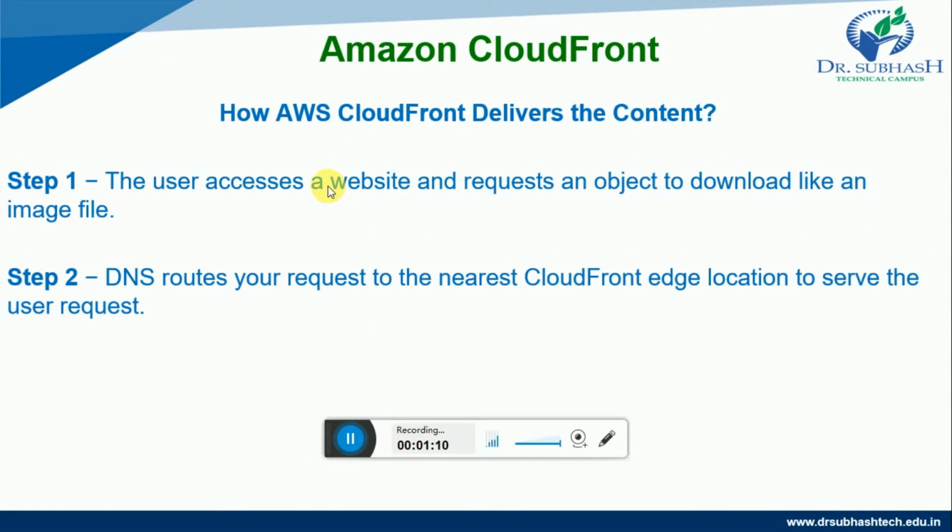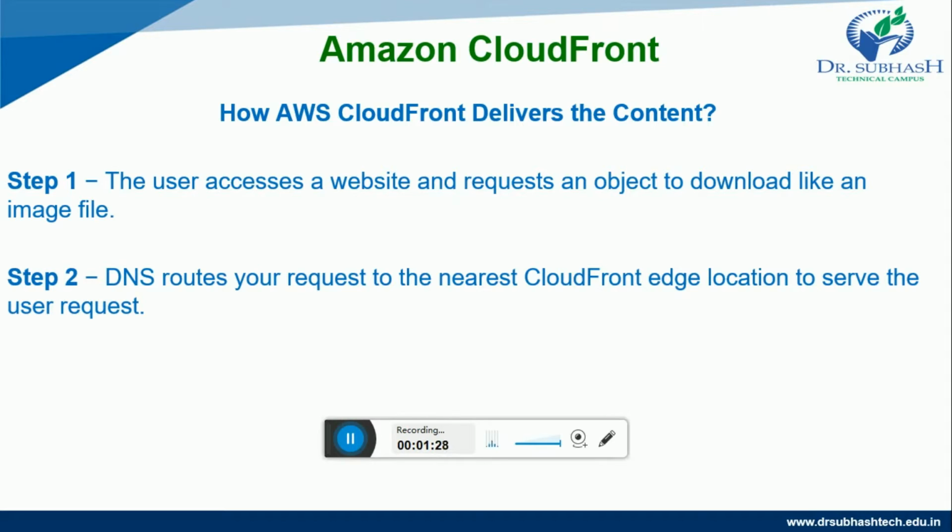Let us understand how AWS CloudFront delivers the content. So for that, we have to see the following steps. In step 1, the user accesses a website and requests an object to download like an image file.